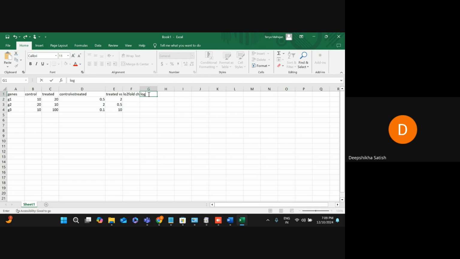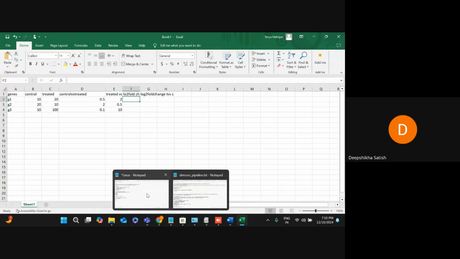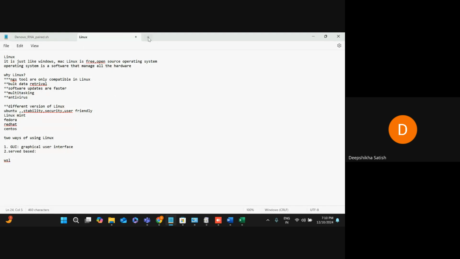Have you ever heard about this log2 fold change? No, ma'am. Okay, no problem. So what is this log2 fold change?